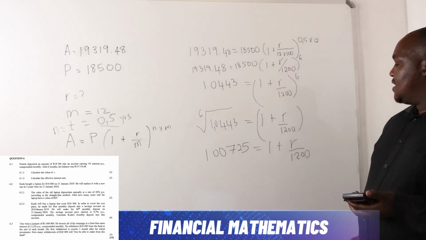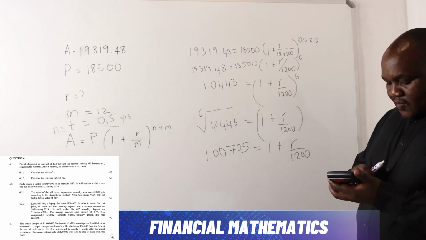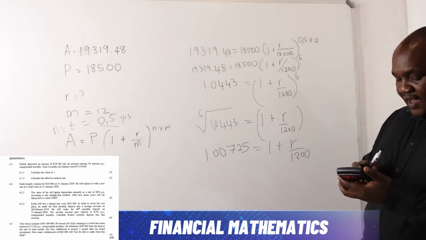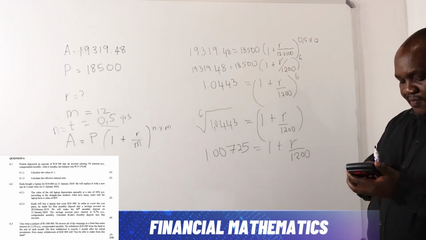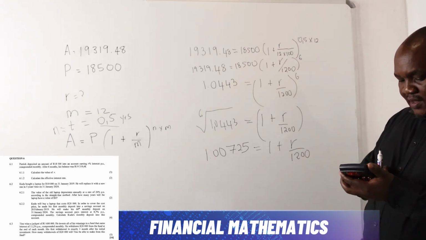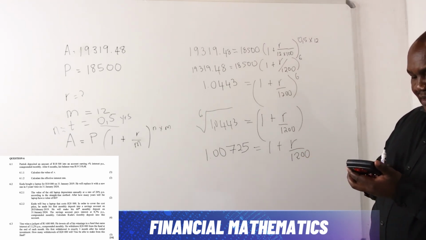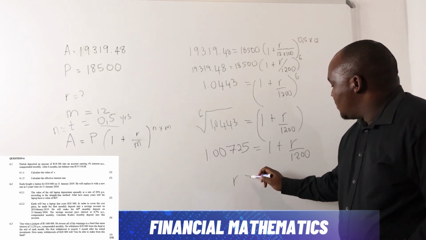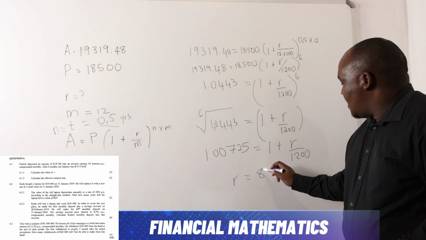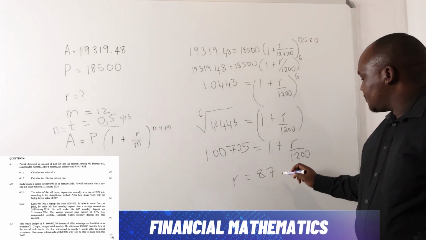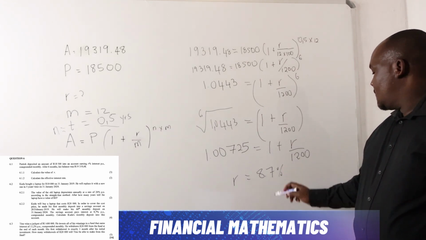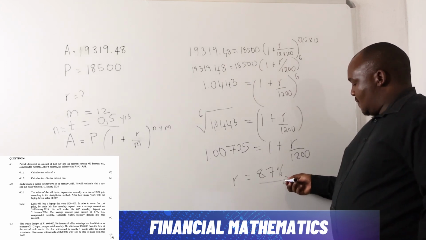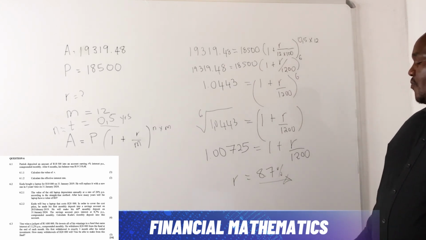You can just take the 1 to this side, and you are going to remain with 0.00725, and if you multiply by 1200, you are going to get the R value, which equals 8.7.